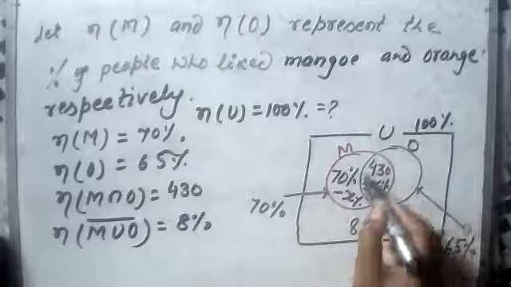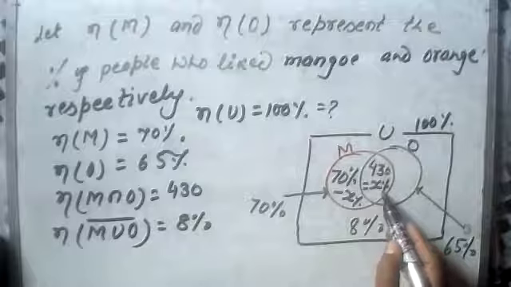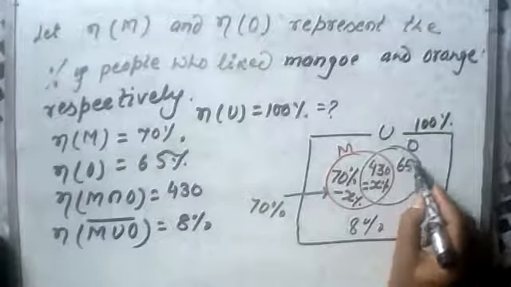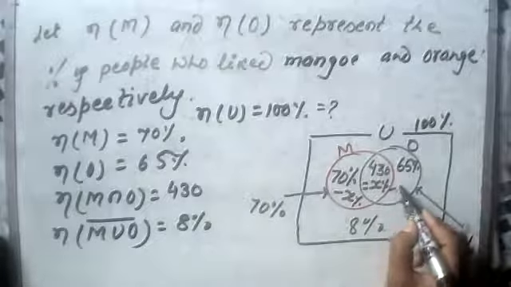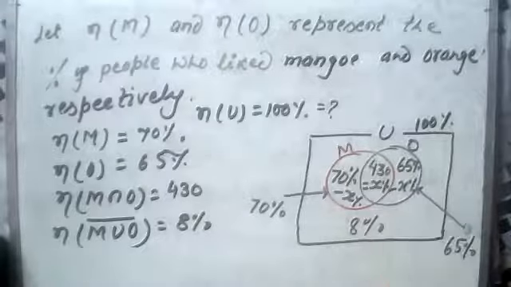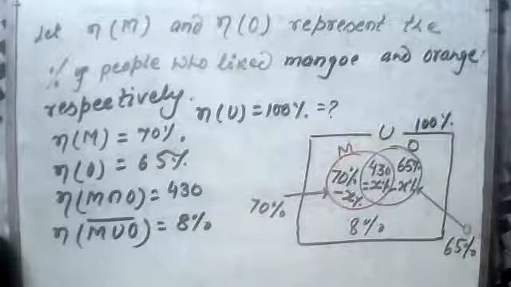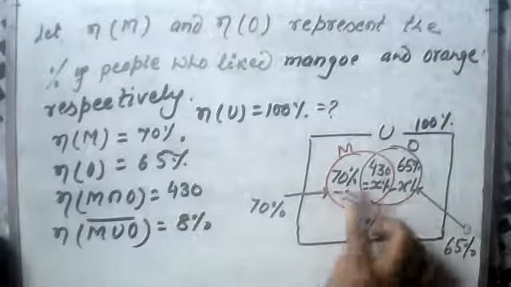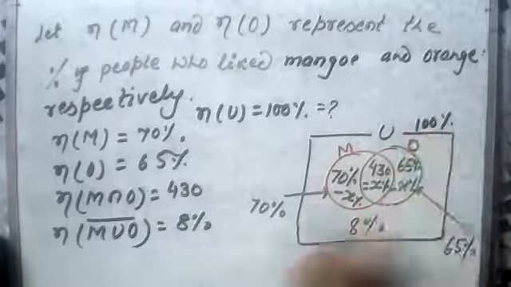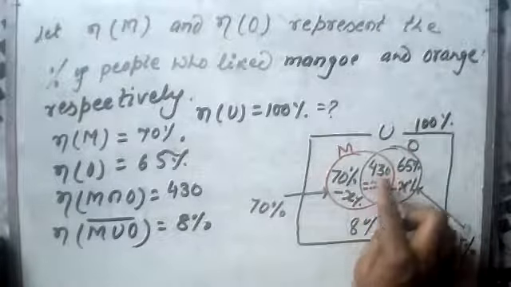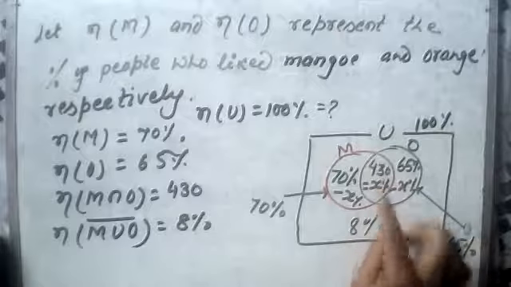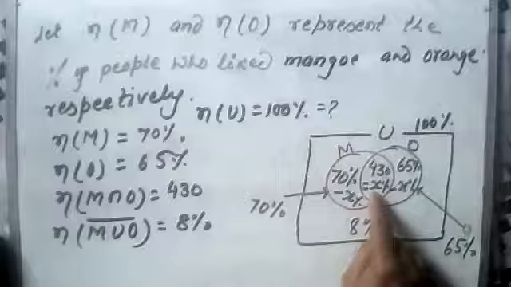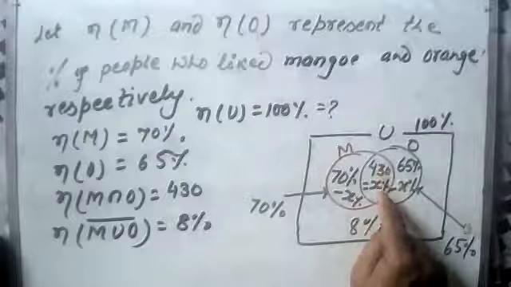And this is total 65%, and X percent is already filled here, so the remaining part is 65% minus X percent. Now, as before, we add them all together to get 100%. First, we need to find that 430 is equal to some percent, that is X percent, and then using this X percent, we get 100%.